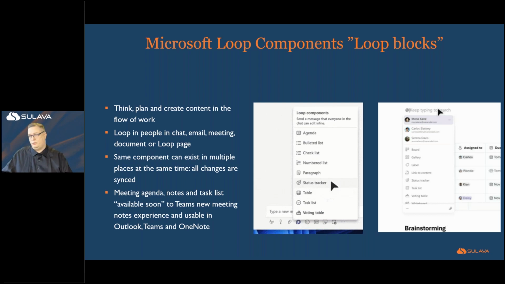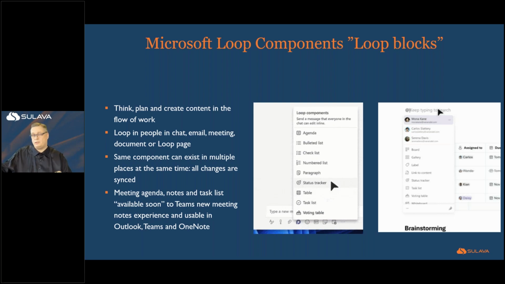But with Loop, you will be able to do it so that you have that Loop conversation happening in Teams chat, and you have that component there, and that's where you fill in the agenda, for example. And now you want to add that one person in.